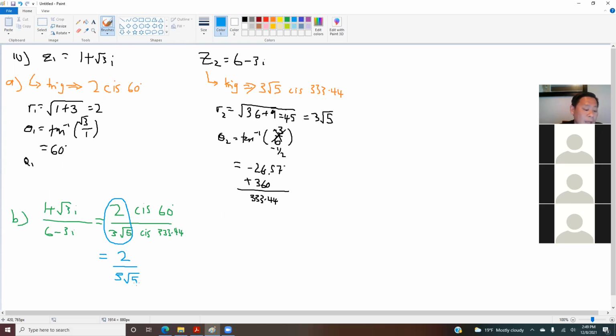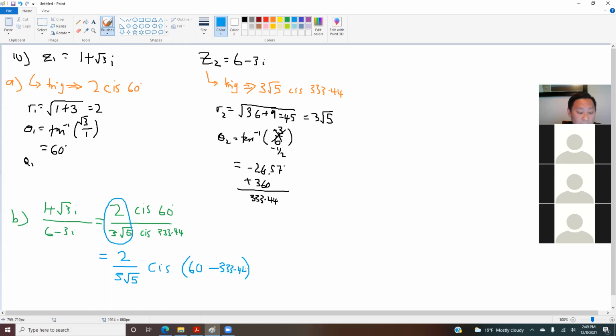Now, if you want to rationalize, you can rationalize this, but in my test, I'm not testing you rationalizing now. I'm testing you about this division. CIS, what happens to your angle when you divide? You have to subtract. So this is 60 degrees minus 333.44.